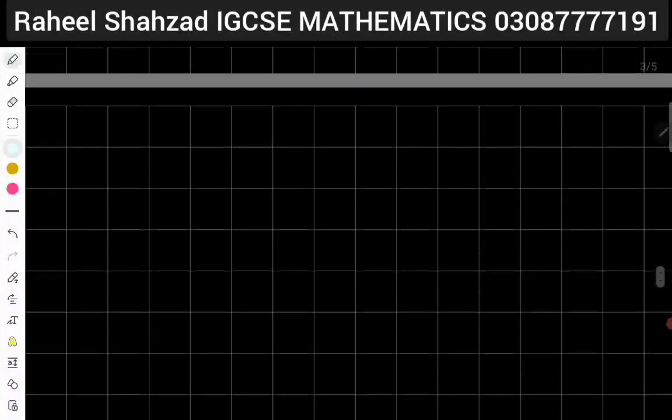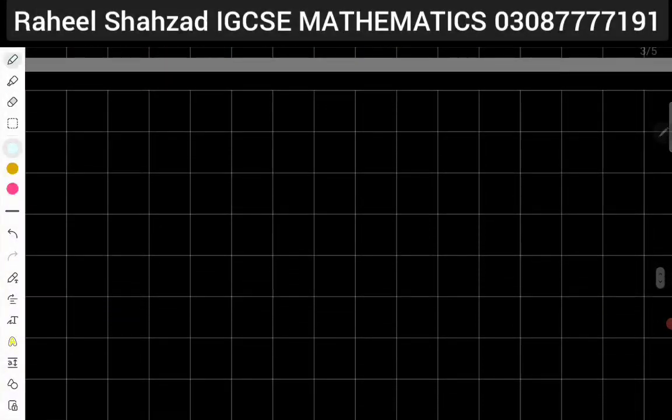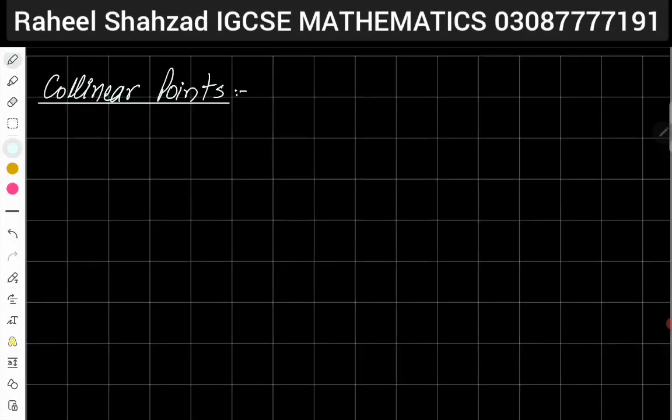Okay. Next heading: related to gradient, collinear points are points that are lying on one straight line. How do we investigate if points are collinear? If points are collinear, we'll be given an unknown to be found.